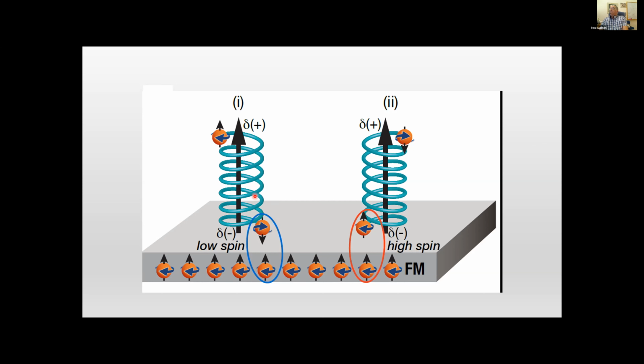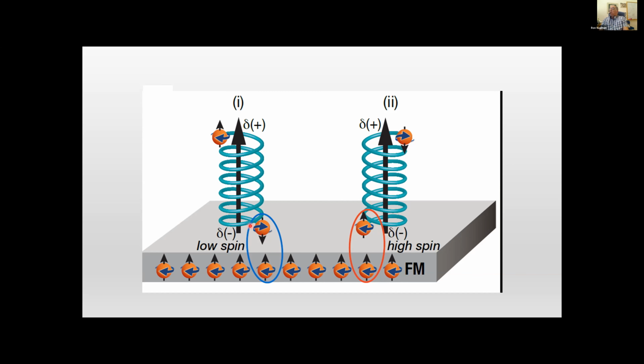Interestingly, if you have one enantiomer, in this case a left-handed helix, you realize that the spin at the negative pole is pointing down. However, for the right-handed helix it is pointing up. So there is enantioselectivity in the dependence of the spin polarization on the electric pole.